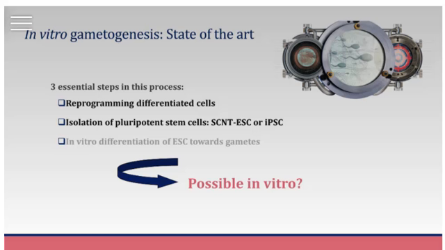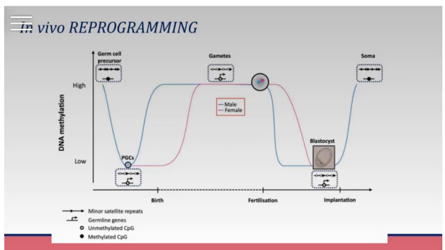So I will give you some state-of-the-art of these 3 essential steps in the process. First, the reprogramming. Reprogramming differentiated cells, we also know reprogramming in vivo. There are 2 stages during development where you have reprogramming, meaning that the DNA methylation is minimized to the lowest level.